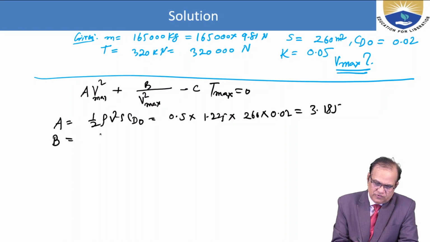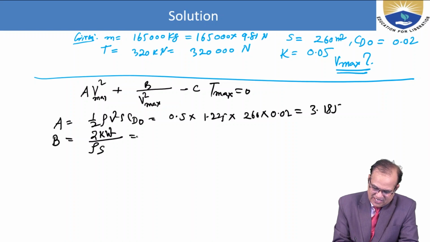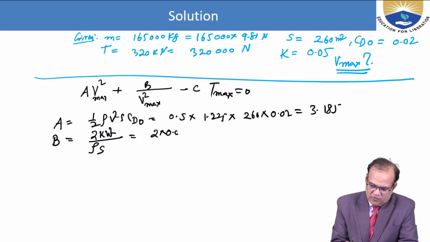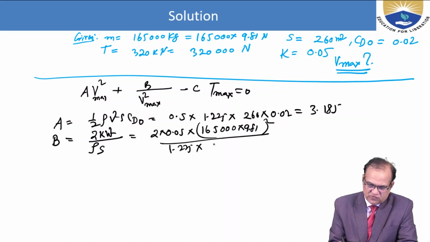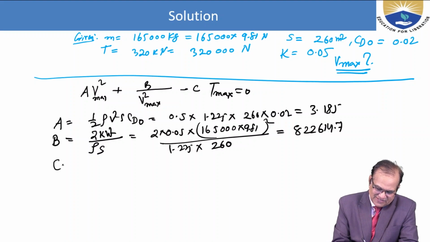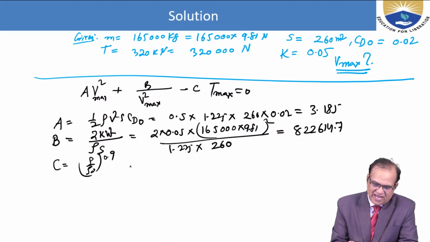And B is equal to 2K W square by rho S, putting the value 2 into K 0.05 into 165,000 into 9.81 square divided by 1.225 into area 260. You will get 822,614.7.